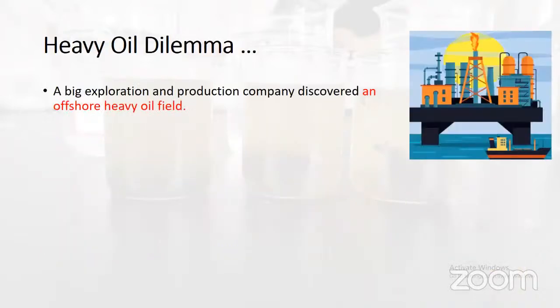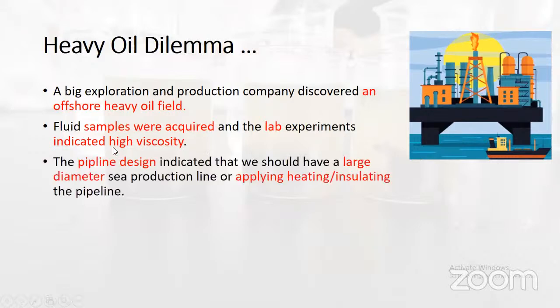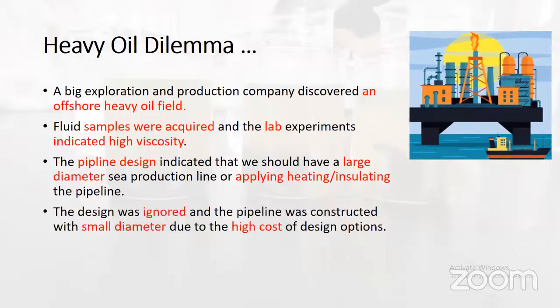Another company, a very big exploration and production company, acquired an offshore heavy oil field, then also took some samples that indicated that they may have high viscosity, especially if we may have water production. The water production will add complexity because it will lead to emulsion viscosity. The pipeline design indicated that you must have a large diameter for the production line, but it was ignored.